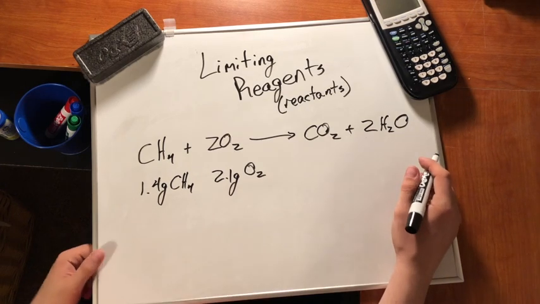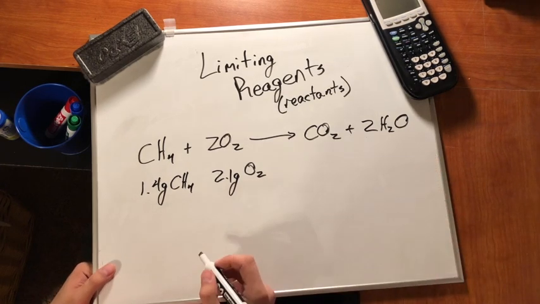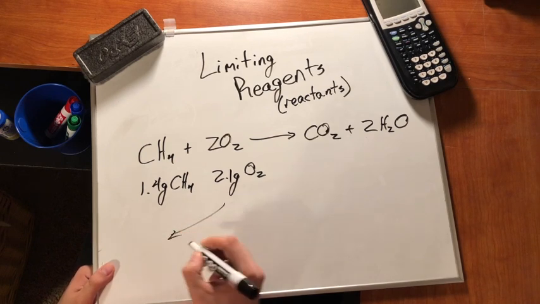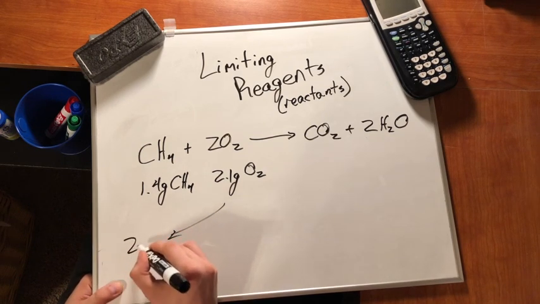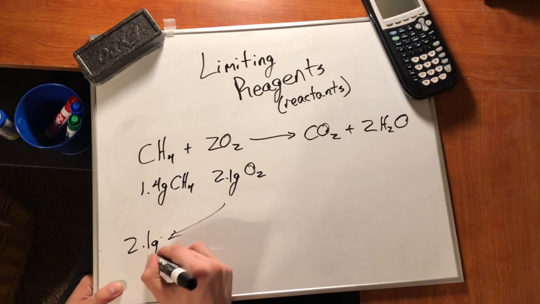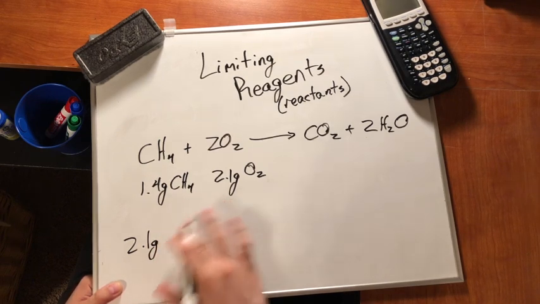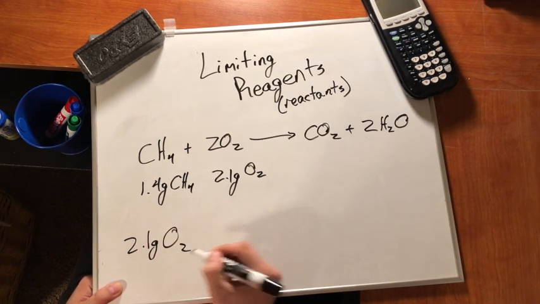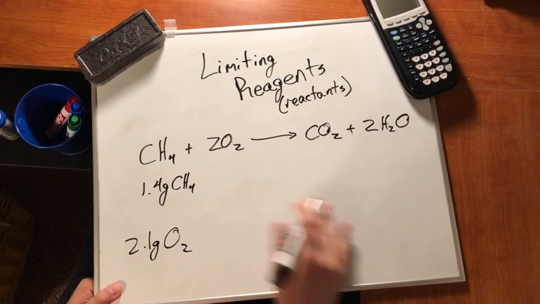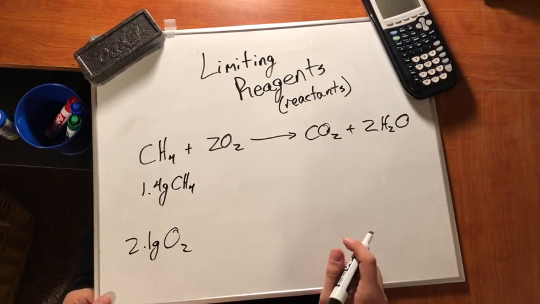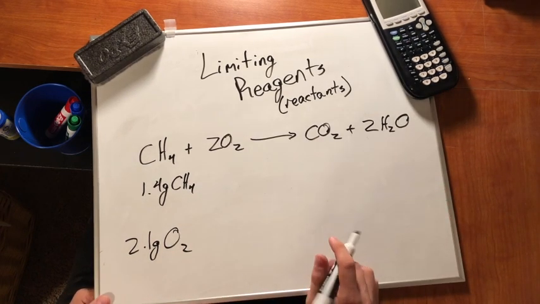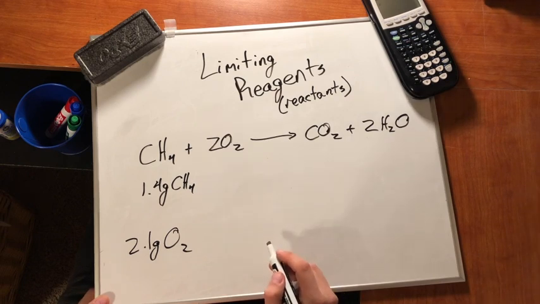Okay, and so in this example, I'm going to bring this down over here. What we're going to do is calculate the amount we need with each reactant. We're going to calculate across. So let's begin with methane.